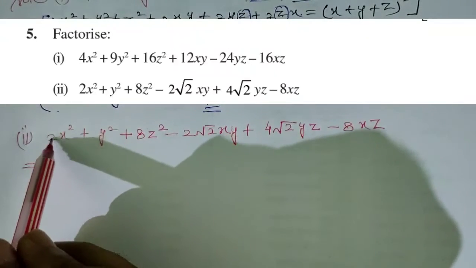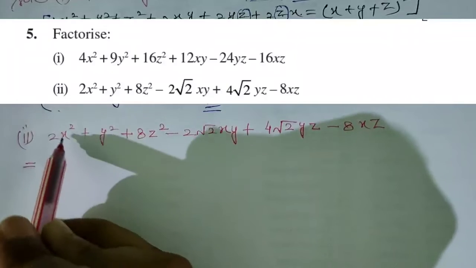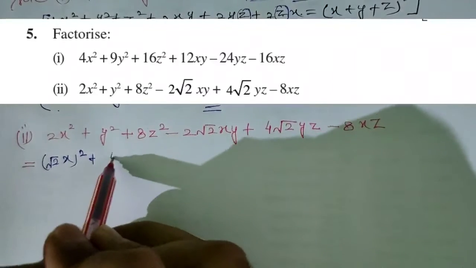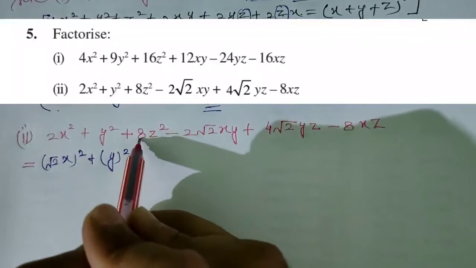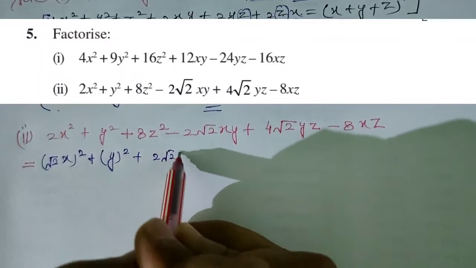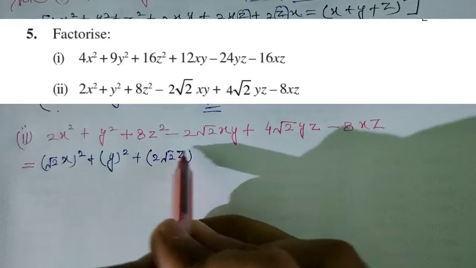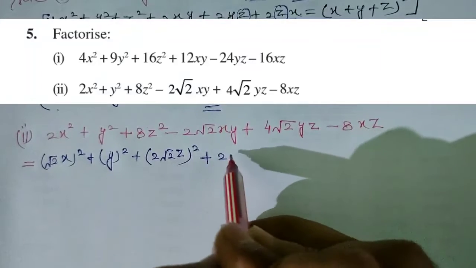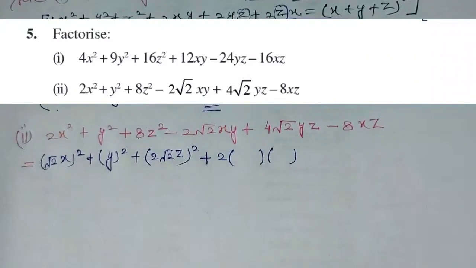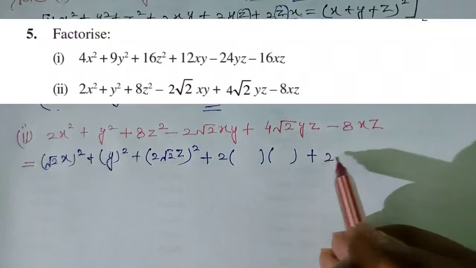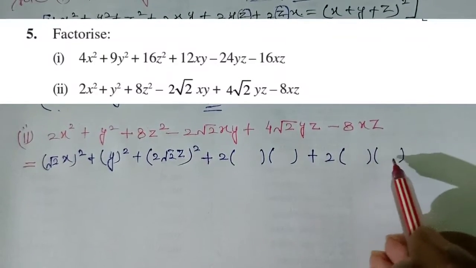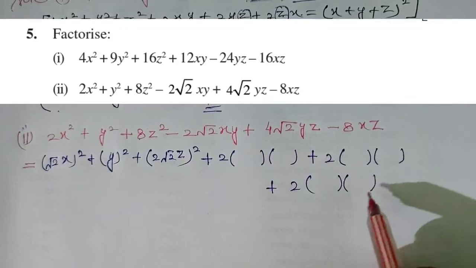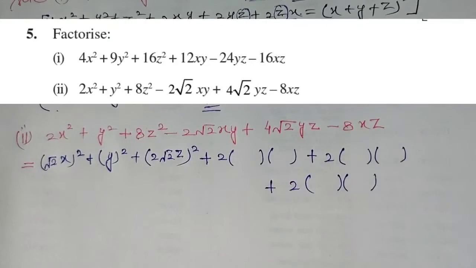Like 2, we can write it as under root 2 whole square, and x is also with it, so root 2x whole square plus y square. 8 you can write as 2 root 2 z square, plus 2 first term into second term, 2 second term into third term, plus 2 third term into first term. Just write first of all like this.